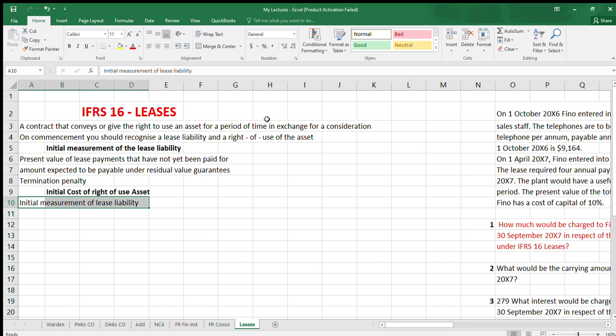So the first step is this, and the second step is lease payment made on or before commencement.